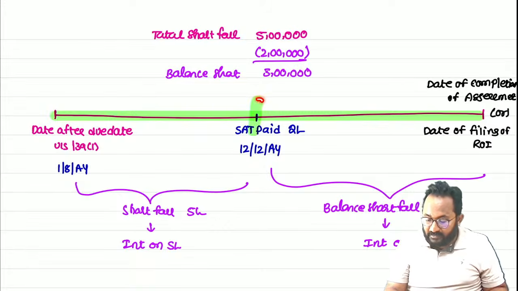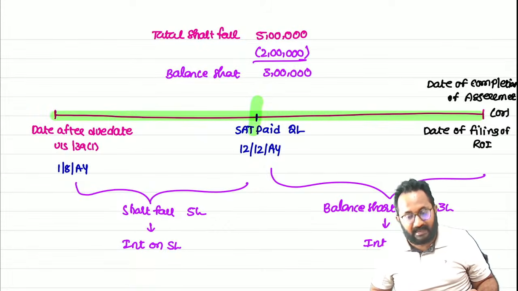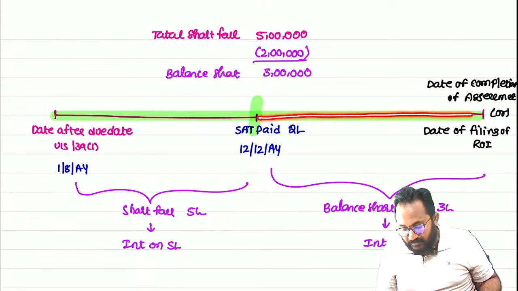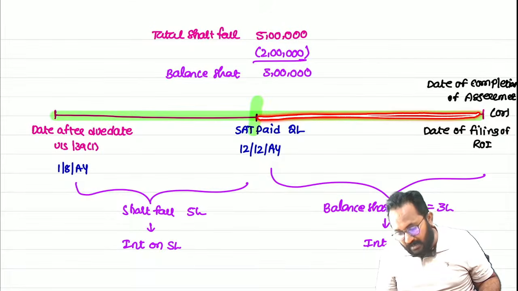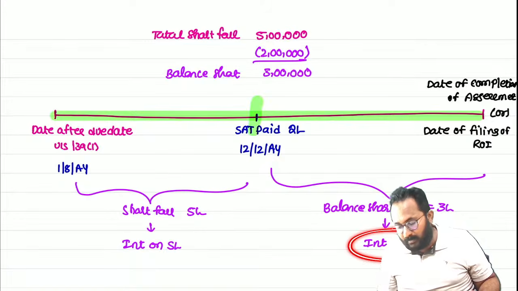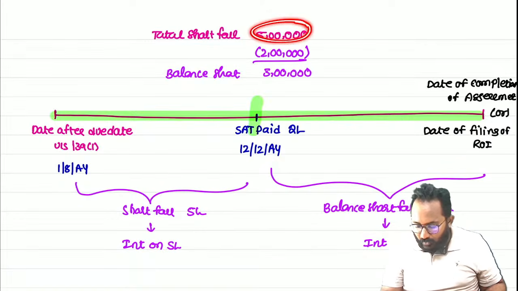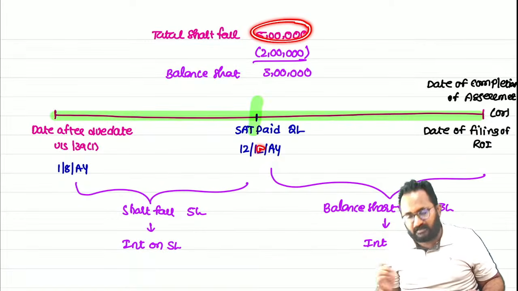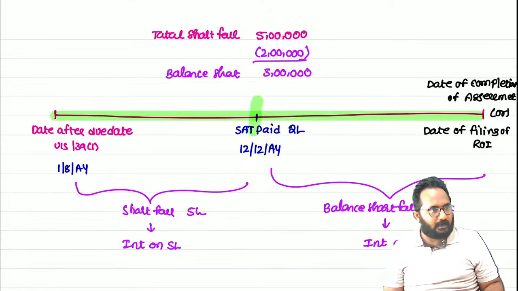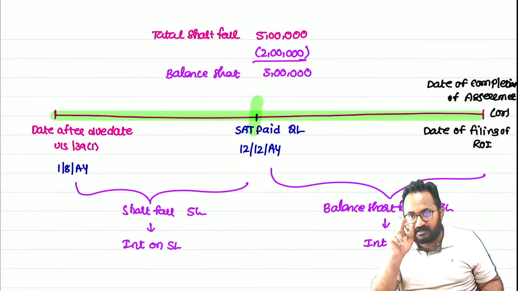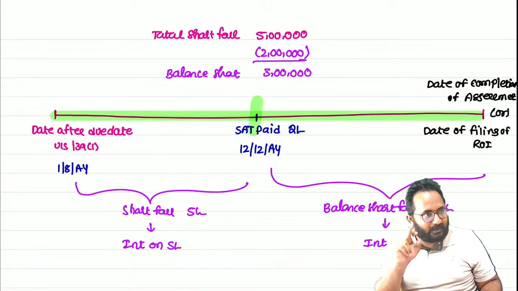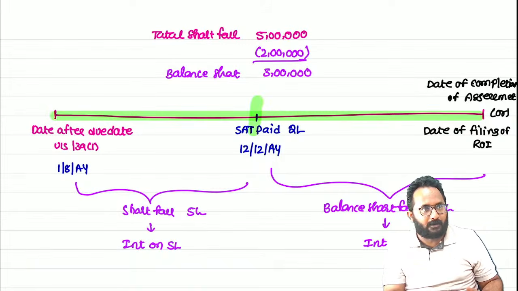But after the payment of self-assessed tax, for that period he will calculate interest on the shortfall after this date, which is 3 lakh. Will the interest burden reduce or increase? Reduce.